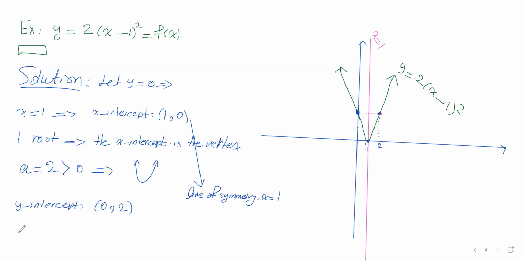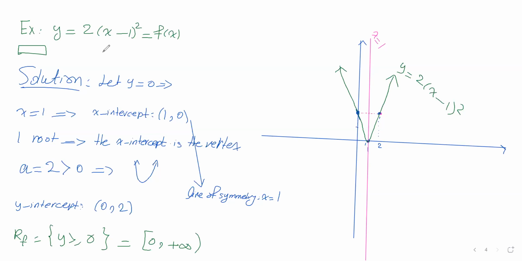Oh, the range. The range is very easy to see from the graph and also from the vertex. The range is y larger than or equal to 0, which is [0, infinity). You can also see it from the formula. For this question, at least, it's easy to see the range. So the only thing left is the case when you have no roots.